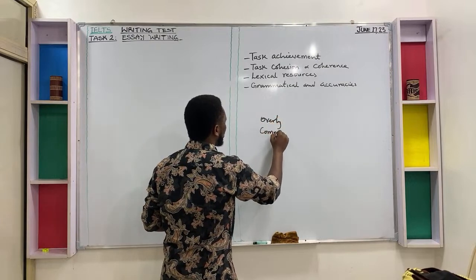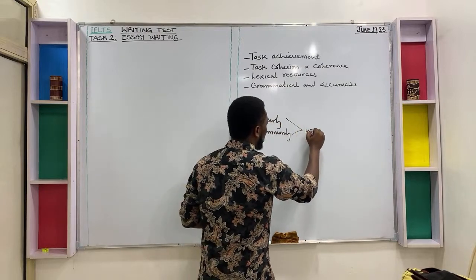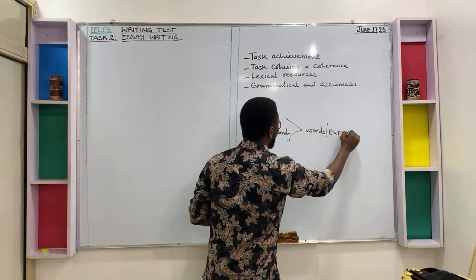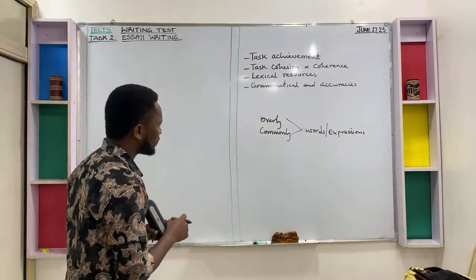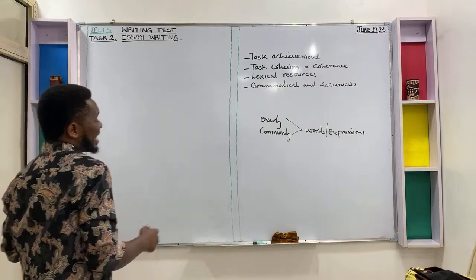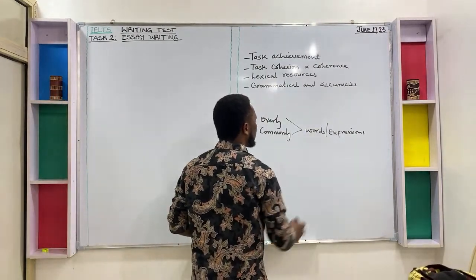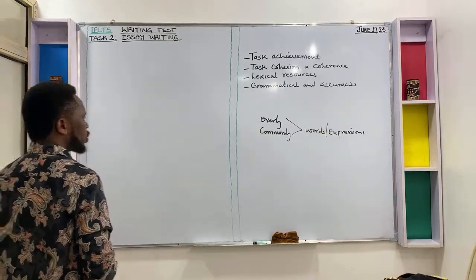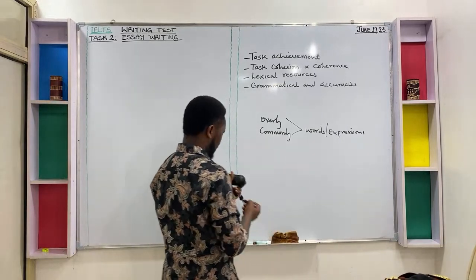Please avoid commonly used words or expressions, because they want you to show that you have in-depth knowledge of English. Instead of using words that anyone can easily use, they want you to use alternative words known as synonyms. So you are expected to build your lexical resources.